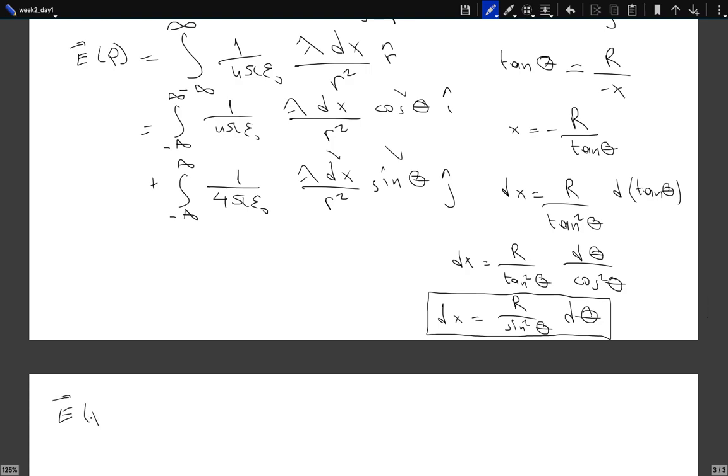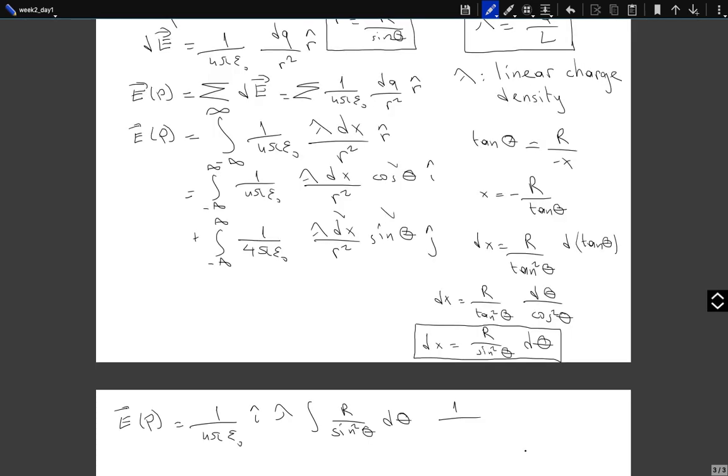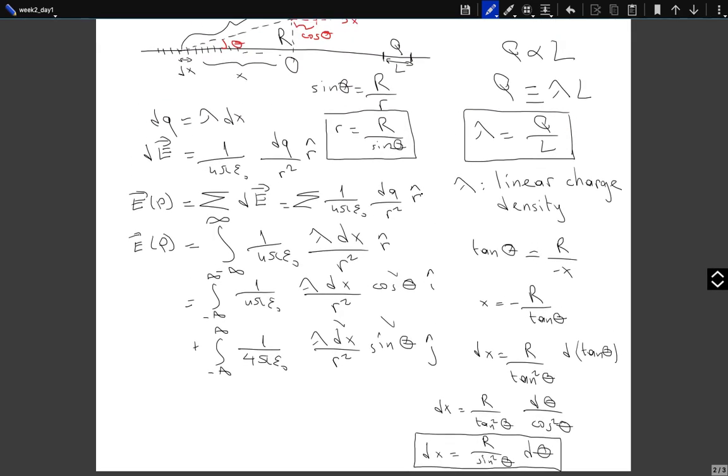The electric field at the point P is 1 over 4 pi epsilon 0. It's a constant, I took it out of the integration sign. I hat is just a constant, I took it out. Lambda is a constant, I took it out. So what is left inside is, instead of dx, r over sine squared theta d theta. And then I have 1 over r squared. Well, r squared, I just calculated.